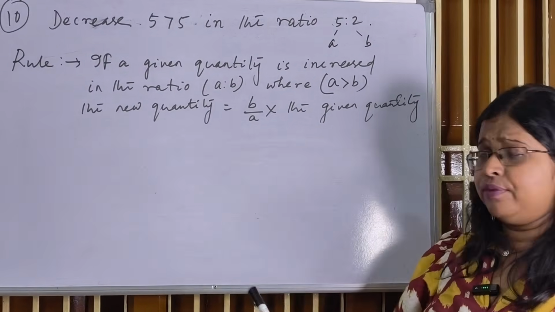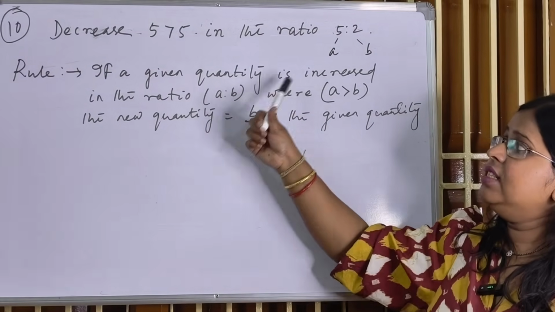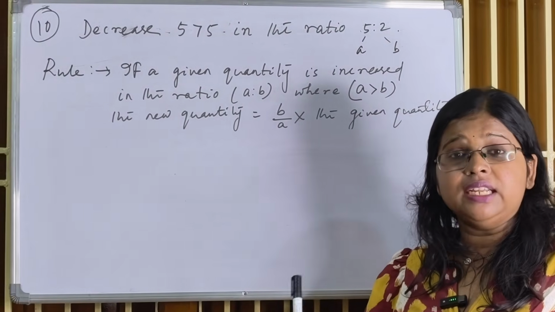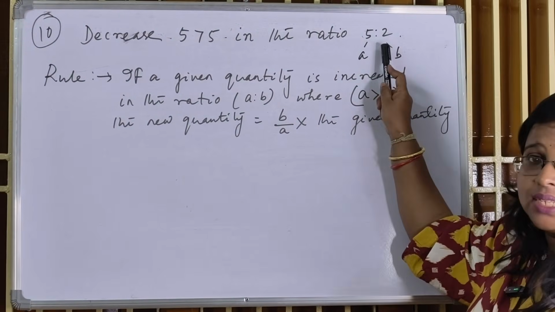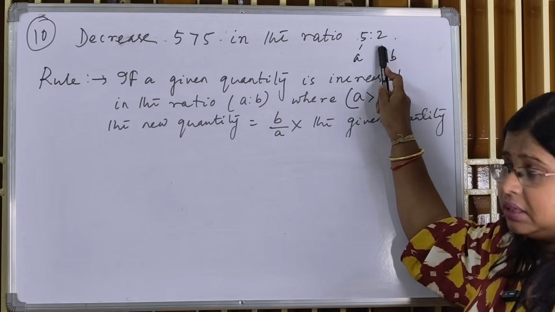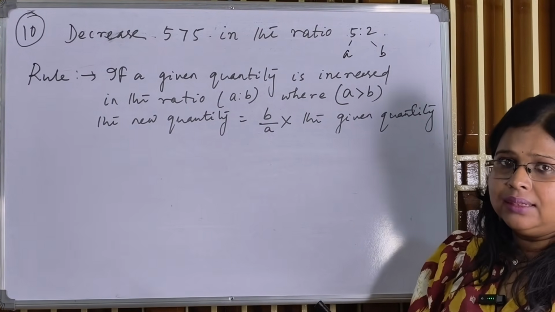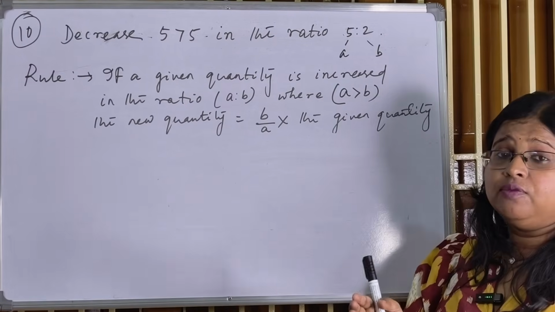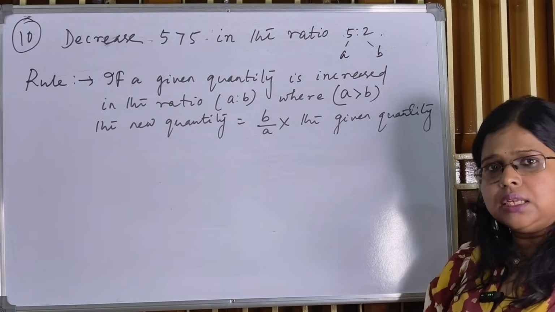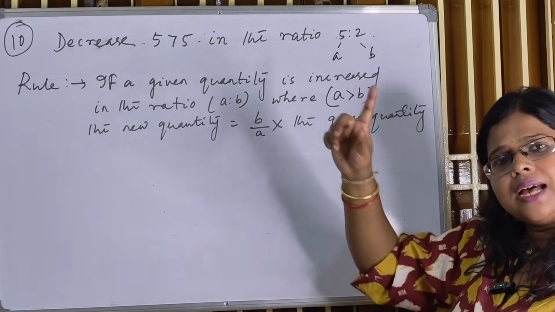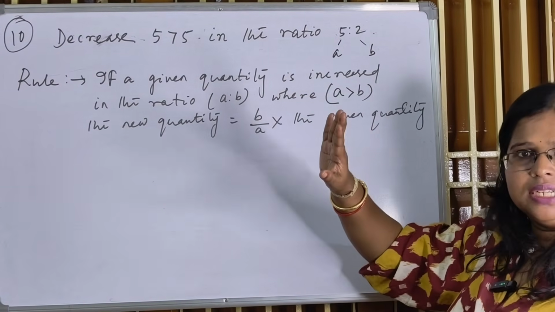This is the last question, everyone. Do watch this one. Decrease 575 in the ratio 5:2. Now, in the question, if it is given to decrease the amount, we have to see the ratio. Check the ratio over here, 5:2. If the first part, the antecedent, is greater than the consequent, then while calculating, it would be reversed as in the increase question.